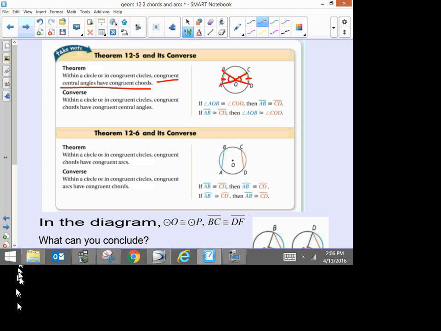Now, do we want to talk about why that would be? Let's get out of the circle a minute. Why would these be congruent? Anybody want to think about that one? Jessica. Because the angles are congruent, so they're opposite. Let's remember, if these are congruent, then those are congruent. Doesn't really count with two different triangles. But that was a good thought. Kelly? I just lost my train of thought.